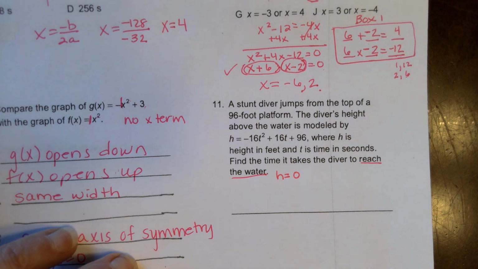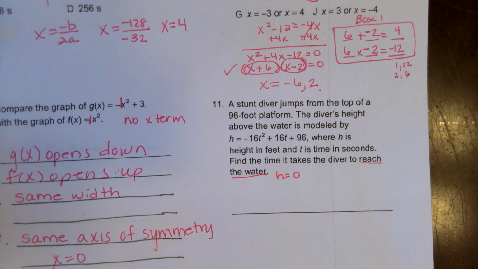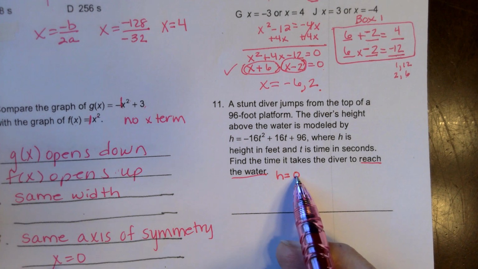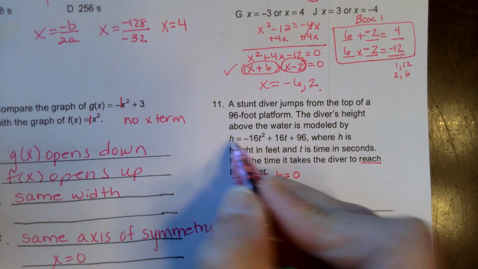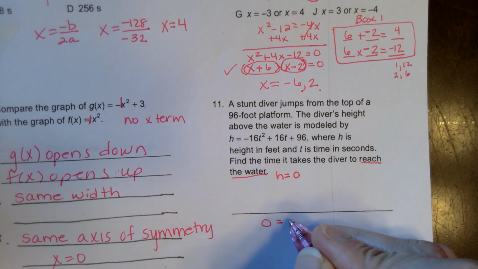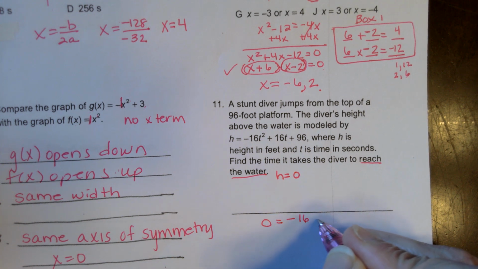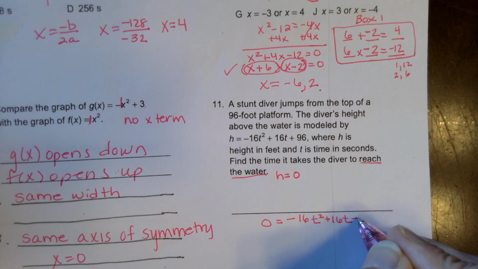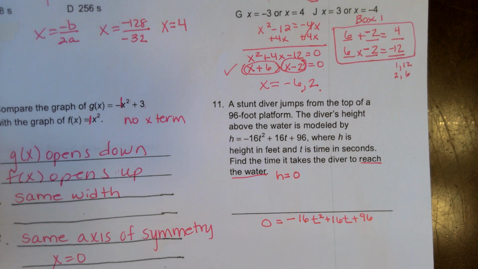They hit the water. They don't start at 0, they start up in the air. But when they hit the water, they're at height 0. So I can take this and put a 0 for h, and then we have to factor it and find out our answers.